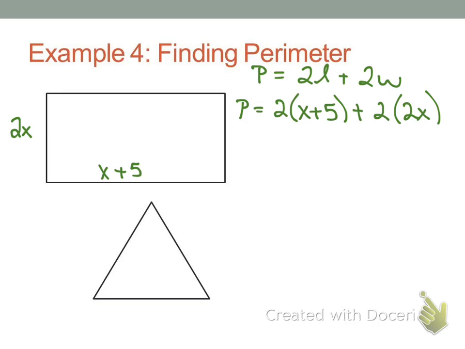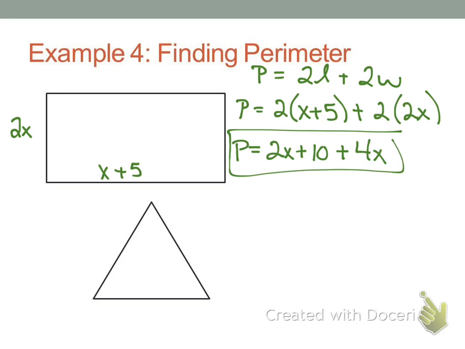Now I just do distributive property. P equals 2x plus 10 plus 4x. Final answer? No. Why isn't it my final answer? I have to combine my like terms, so P equals 6x plus 10.